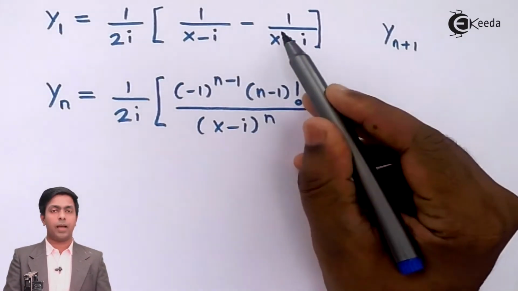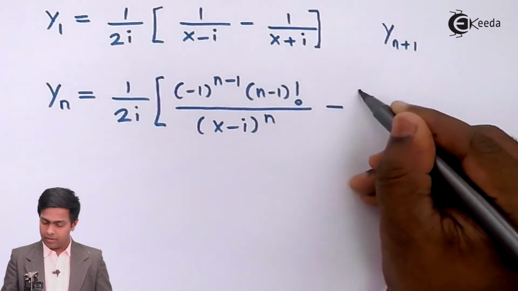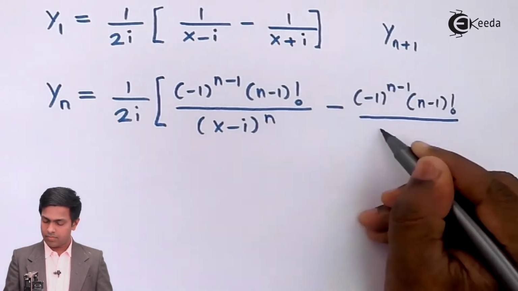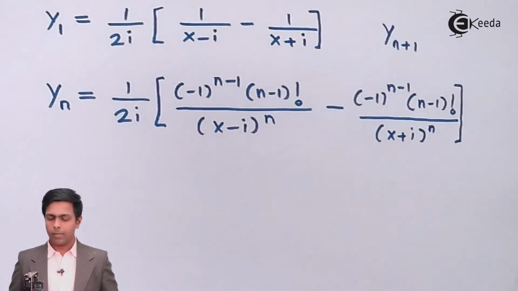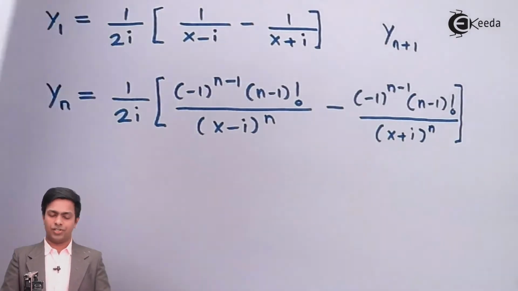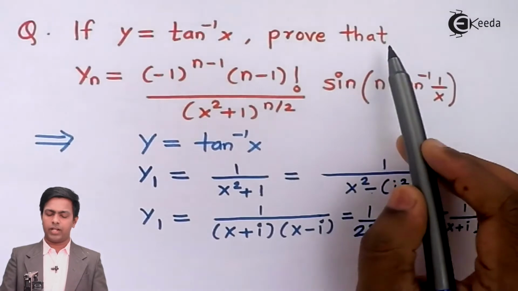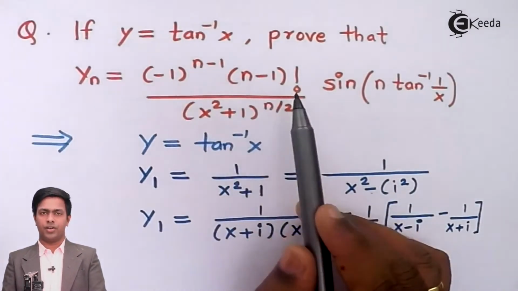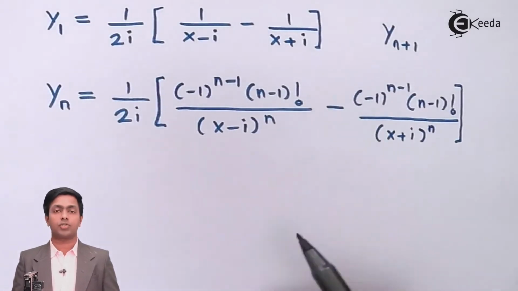Minus, same thing will happen with this. So we'll get minus 1 raised to n minus 1. So guys, here we got the value of yn. But let's observe the question. So here we have to prove that the answer is this. And now if you observe, then we got these two terms here. So I can take these two terms common.